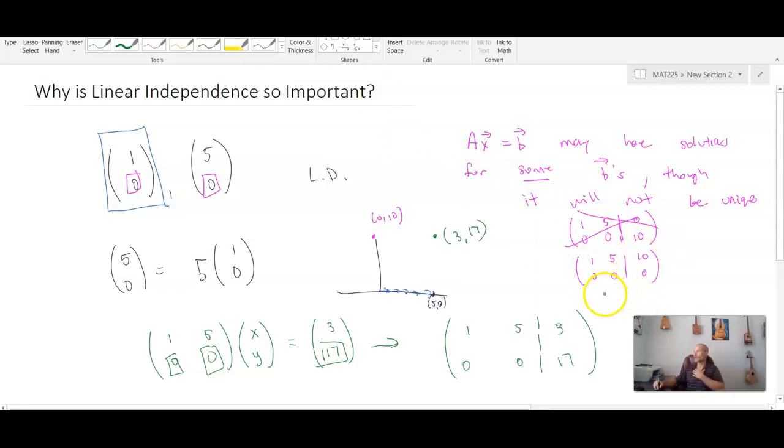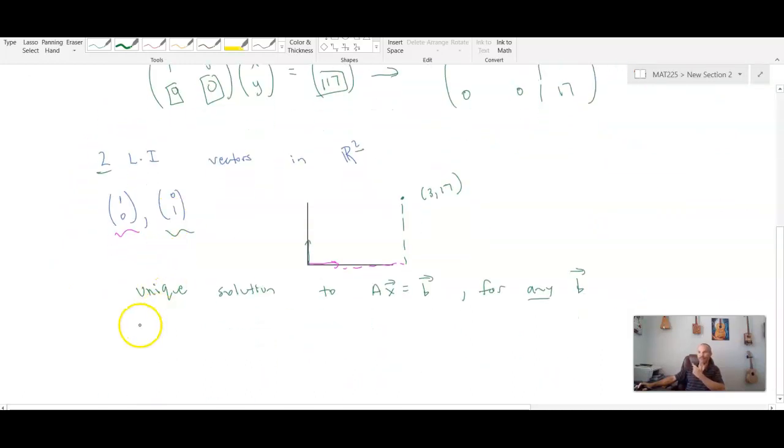One such way would be to take 5 times (1, 0) plus 1 times (5, 0), which is the same thing as taking 10 times (1, 0) plus 0 times (0, 1). And you could do this all day long. So that's what the consequence is going to be if you have fewer linearly independent vectors than you do dimensions. In this case, we only have one linearly independent vector, and that's going to be the (1, 0). Now, a similar kind of thing holds for R3.